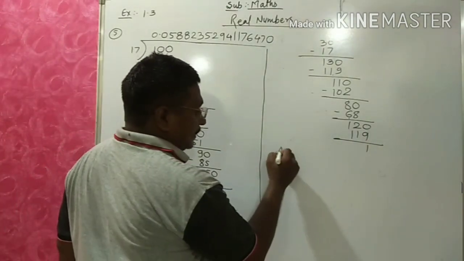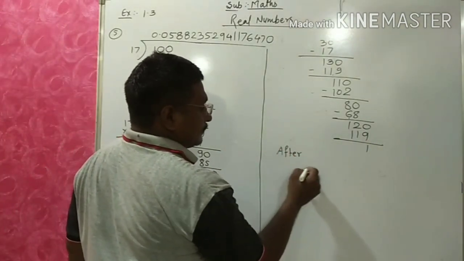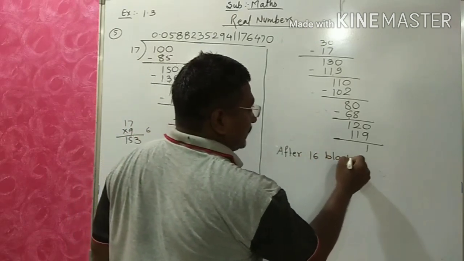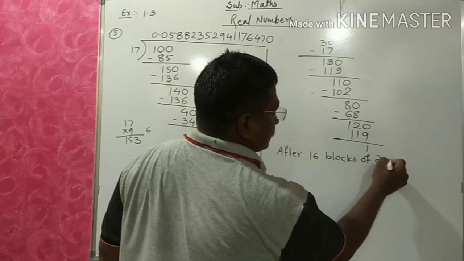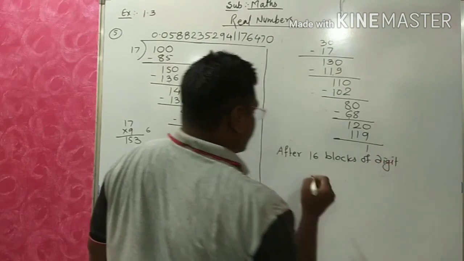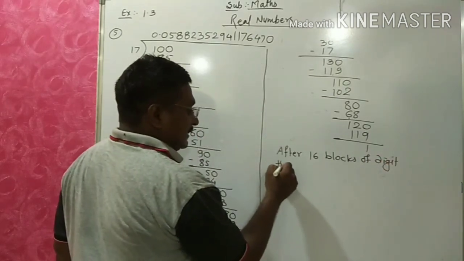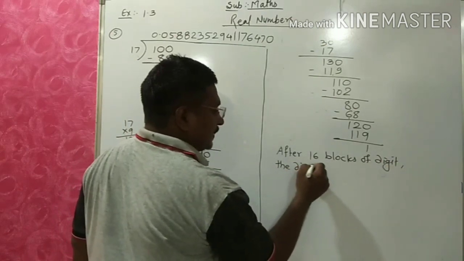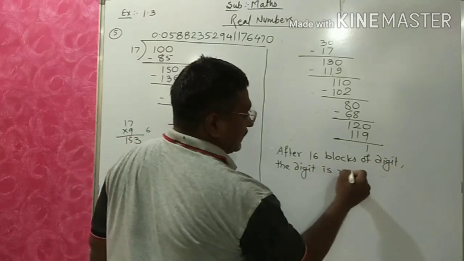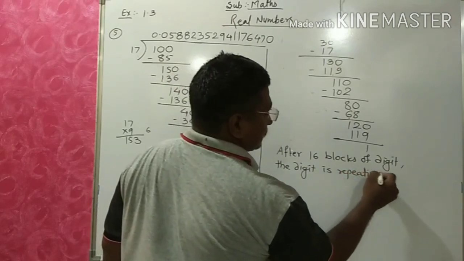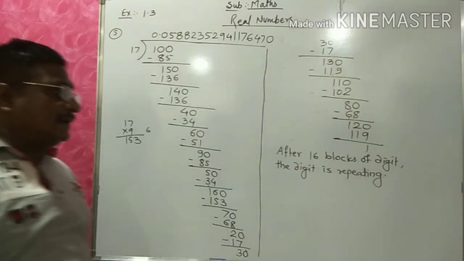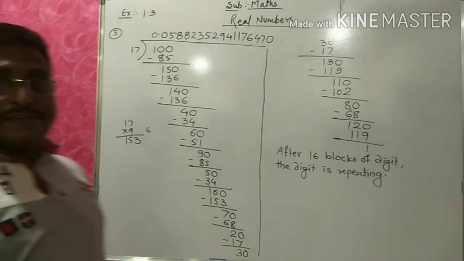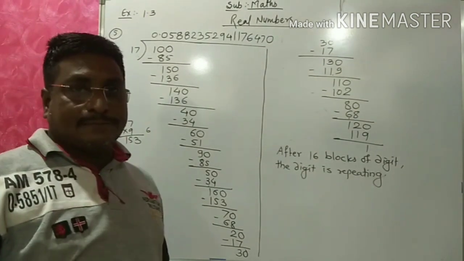After 16 blocks of digits, the digits are repeating.